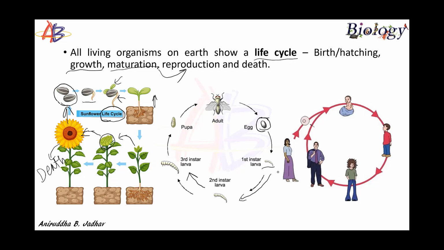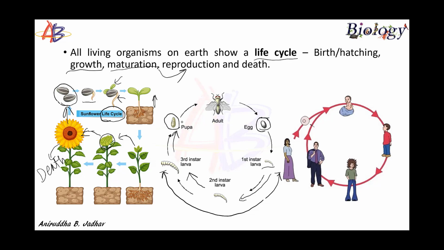Now, during this first instar to second instar and third instar stage, the larvae are not able to reproduce. They do not have a reproductive system developed. After this third instar larval stage, they enter into the pupa phase.